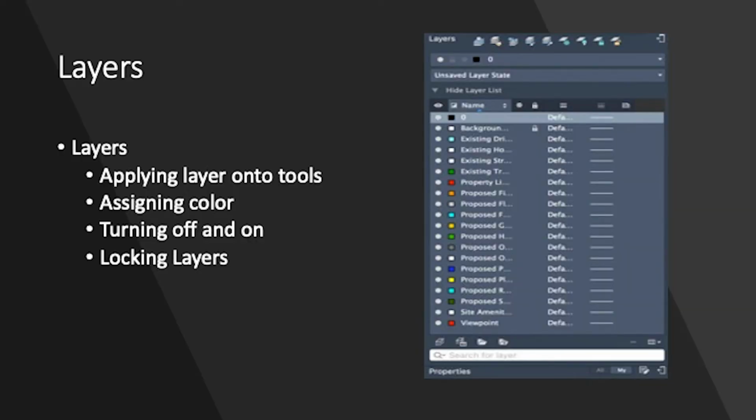Adding layers on is an important piece in AutoCAD because it is used for organizing all your lines, arcs, or circles. In order to create a layer, you can see the icon up top.